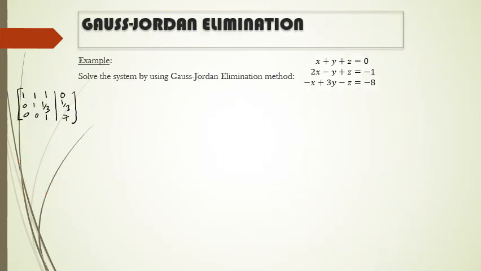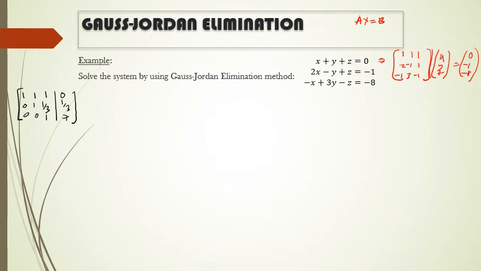Okay, next for Gauss-Jordan elimination. So we have the same question, but we want to solve it using Gauss-Jordan elimination. So the same thing, we need to write Ax equals B. So it is actually 1, 1, 1, 2, negative 1, 1, negative 1, 3, negative 1, times x, y, z equals 0, negative 1, negative 8.